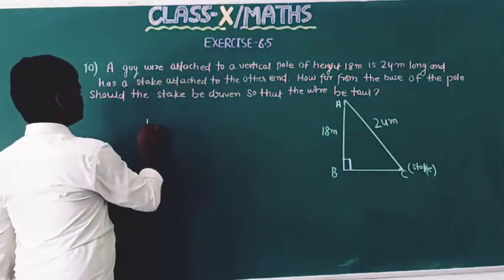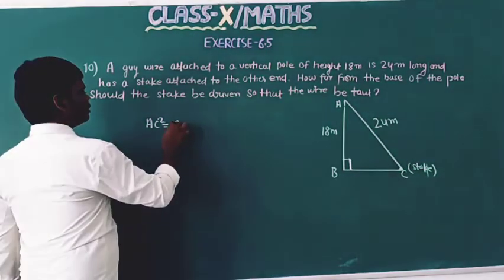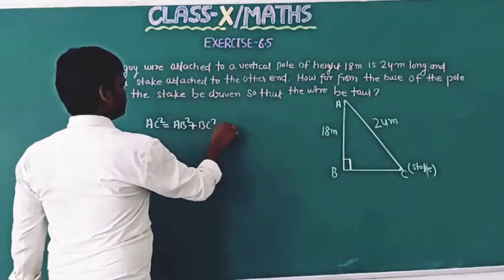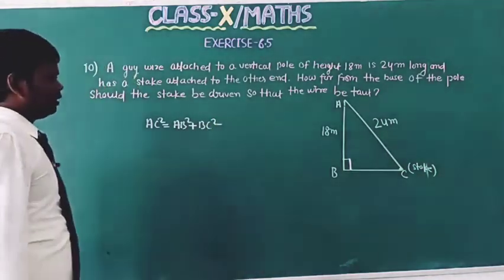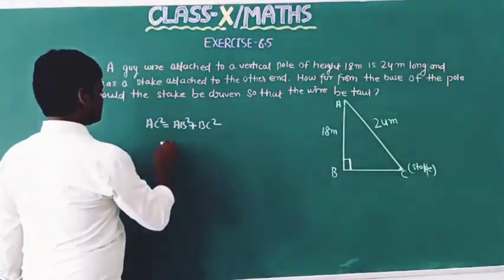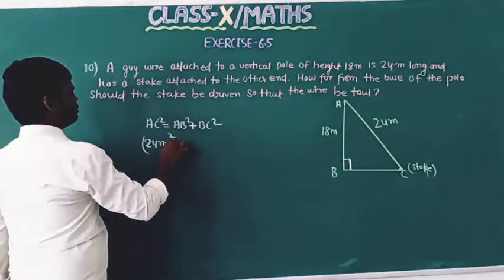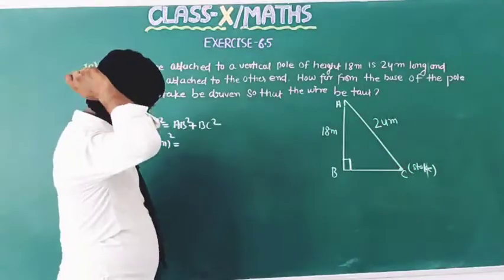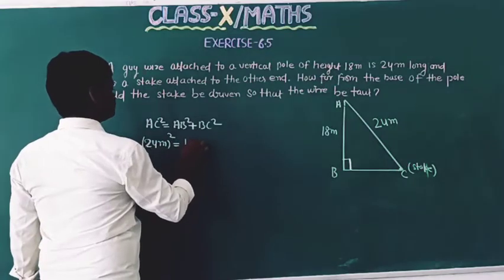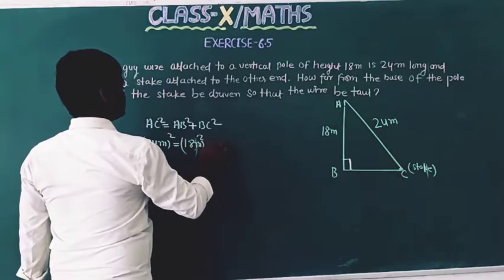AC square equal to AB square plus BC square. The value of AC is 24, so 24 meter square equal to AB square, AB is the height of the pole, this is 18 square, 18 meter square, plus BC square.